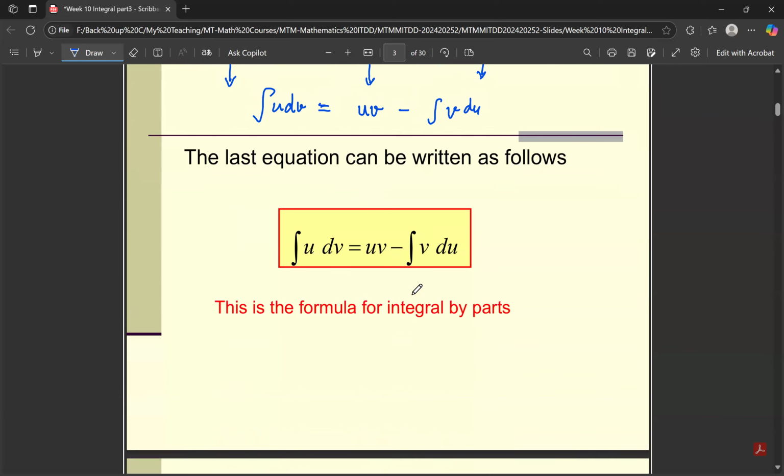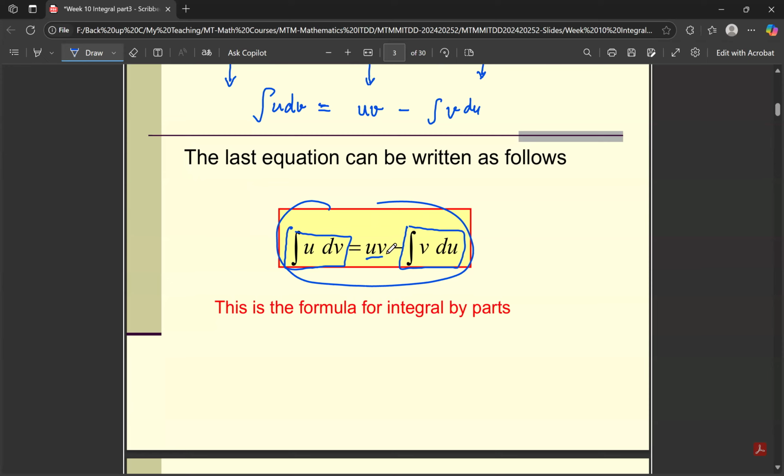So we have this formula to find an integral by using the formula of integral by parts. The question is, we want to find the integral, but the formula says that we still have another integral on the right.